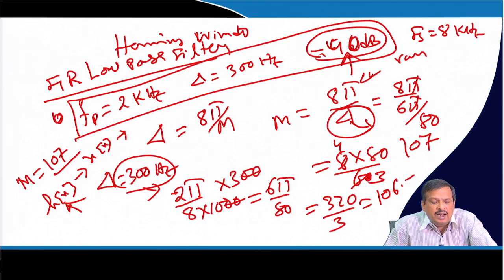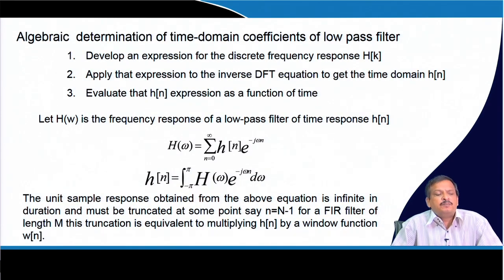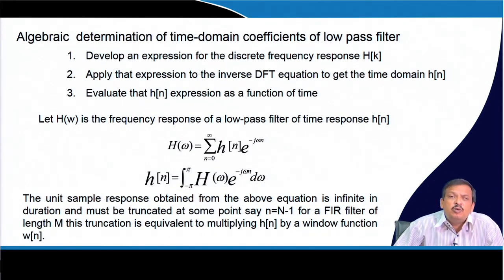Then I use Fp and Fs to compute h of n. The next step is to compute the filter coefficients. When I want to design using the window Fourier transform method, I have to compute the filter coefficients. So how do I do that?